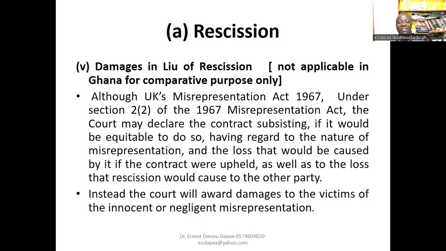So that is, we have damages in lieu of what? Rescission.